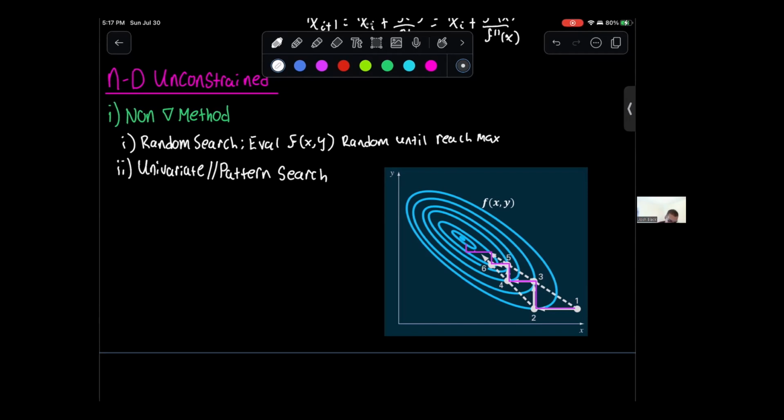So our univariate method makes us move along one variable until the next level is hit. From there, you move along your second variable.